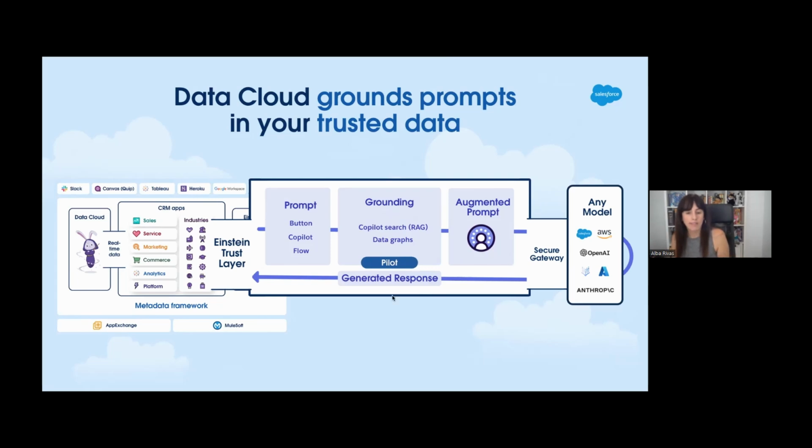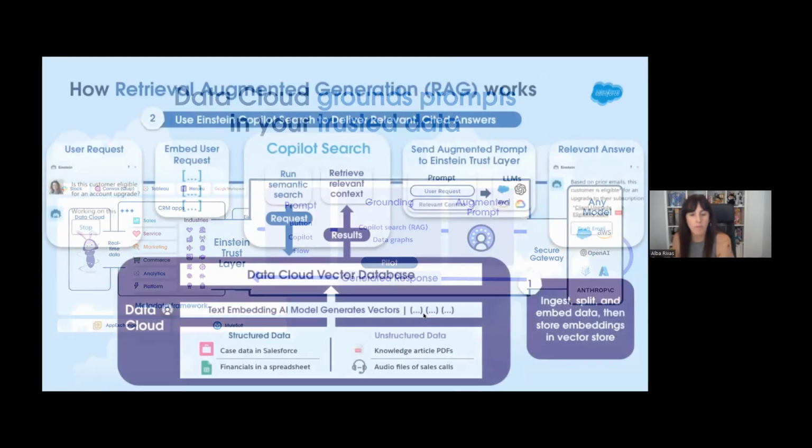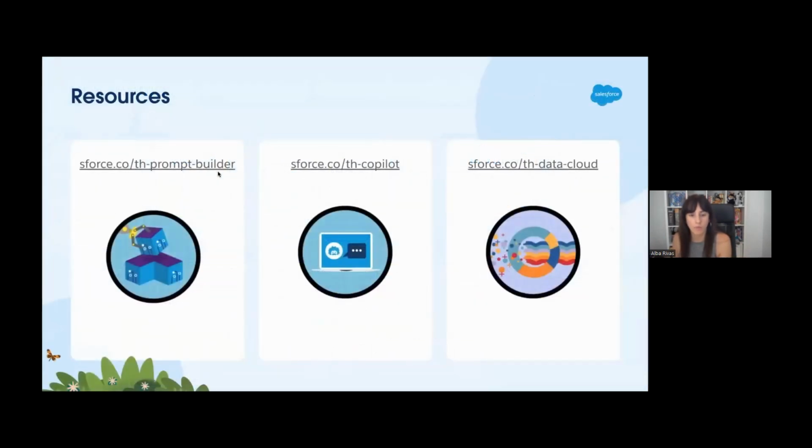At the moment, everything is mostly pilot, but in summer, you're going to be able to play with Data Cloud in Prompt Builder because some features are going to become available. So stay tuned. For now, play with Prompt Builder, Copilot, and basic Data Cloud.